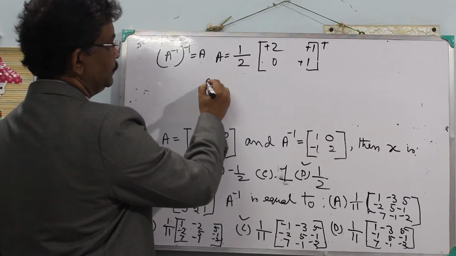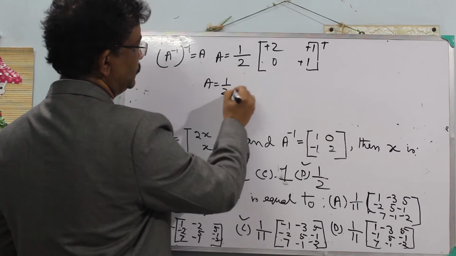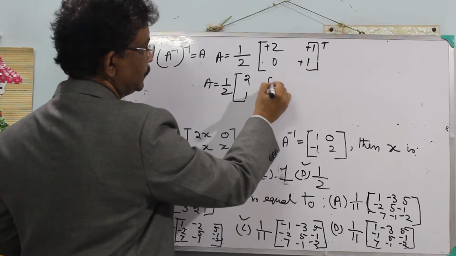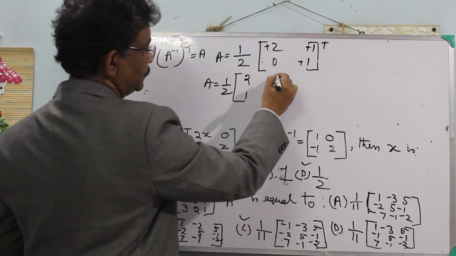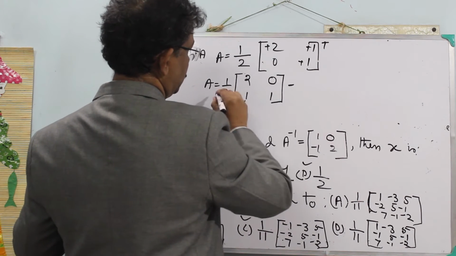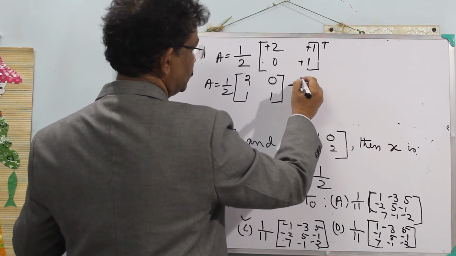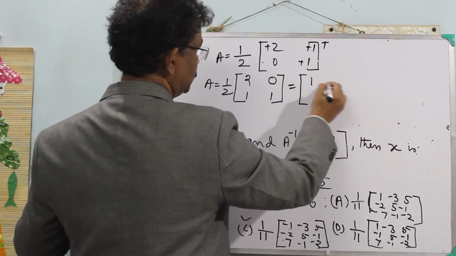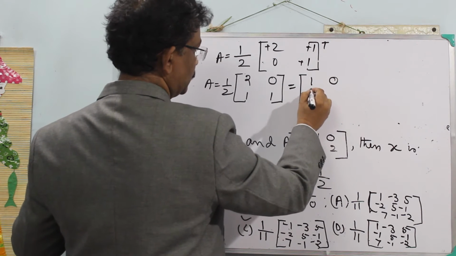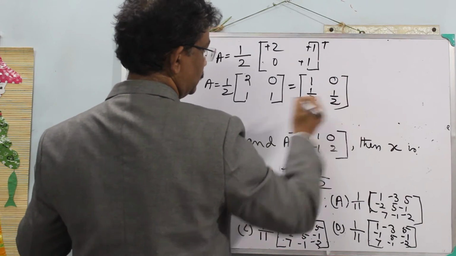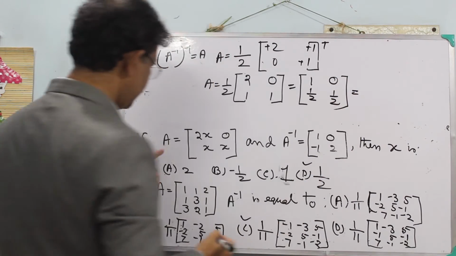So A equals half, 2 1 transpose 2 1, 0 1. If I multiply each element, it equals 1, 0, half, half. This equals A.